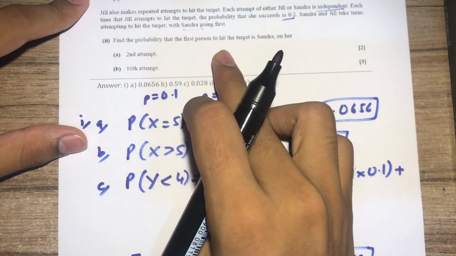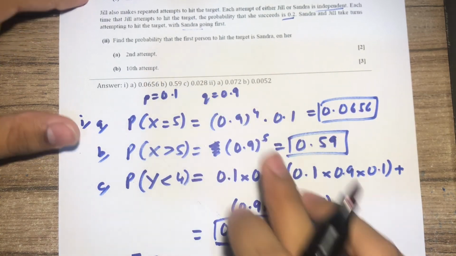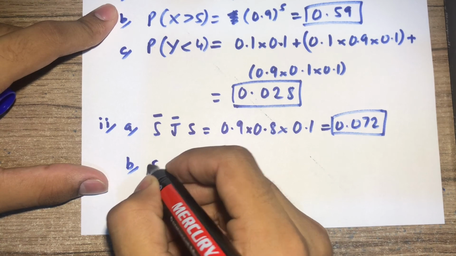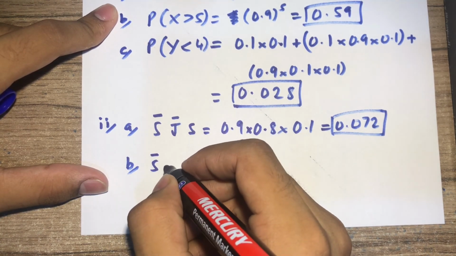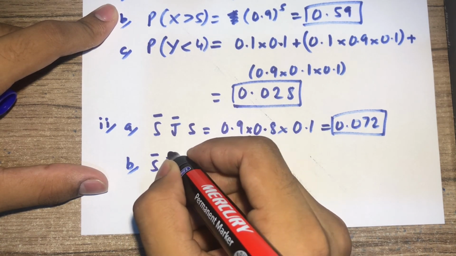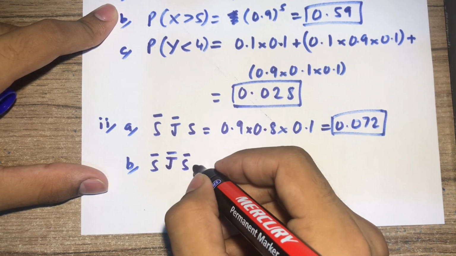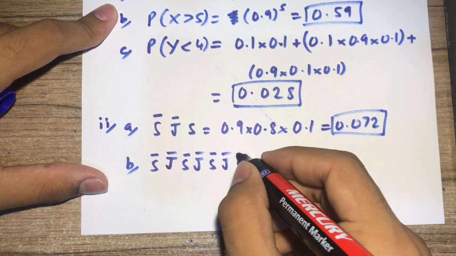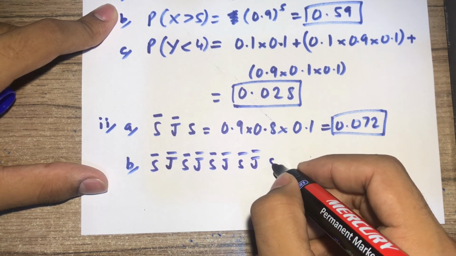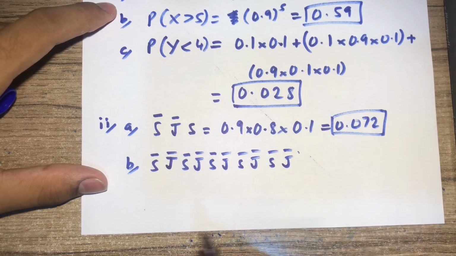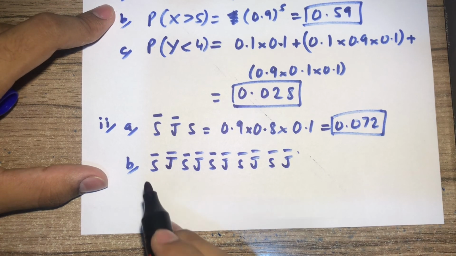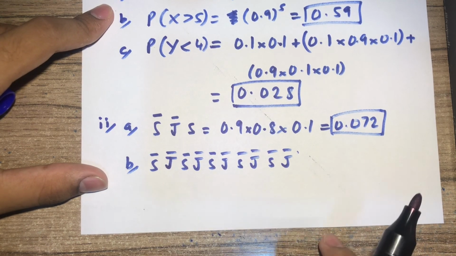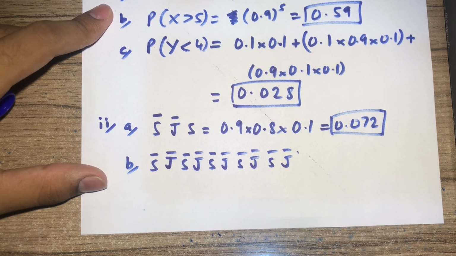Find the probability that the first person to hit the target is Sandra on her 10th attempt. Now it's their 10th attempt, so she fails in her first attempt, then Jill also fails in her first attempt, then Sandra fails in her second attempt, Jill fails in her second attempt, and so on. So there will be 9 times that Sandra fails and 9 times that Jill fails, and then in her 10th attempt Sandra will succeed, right?